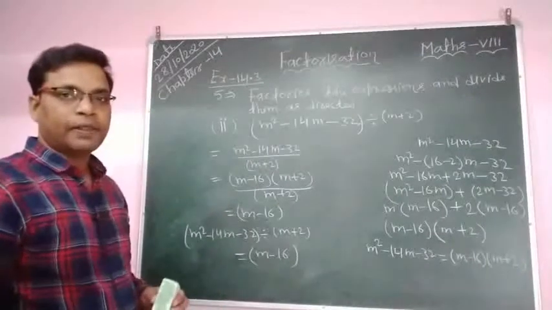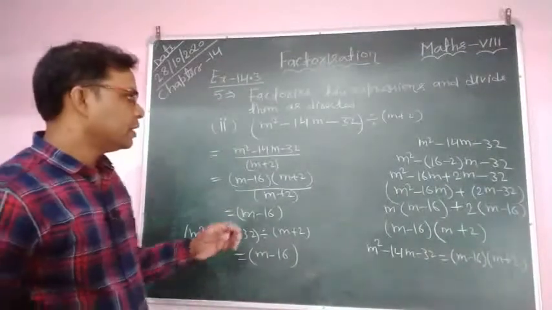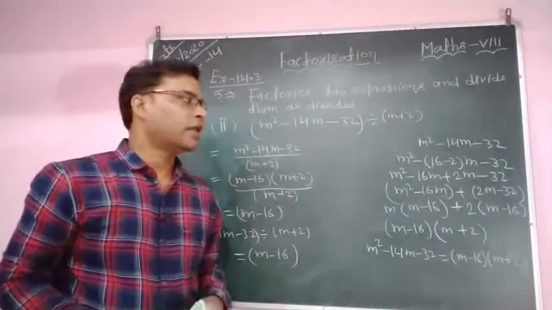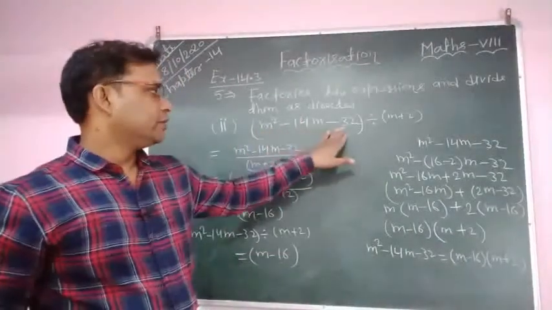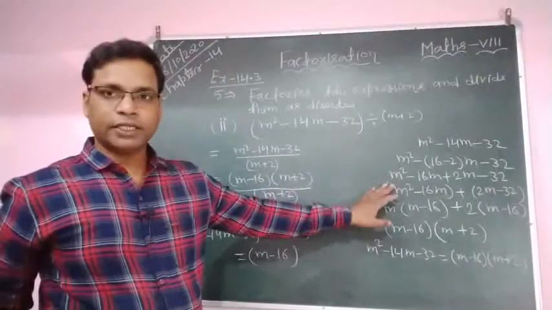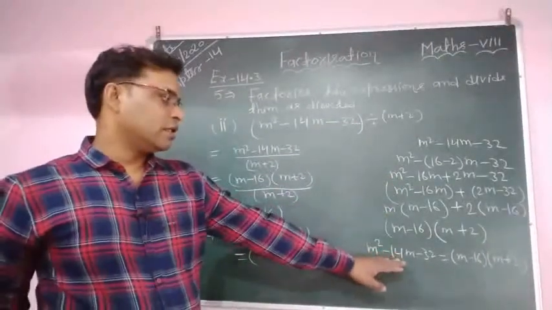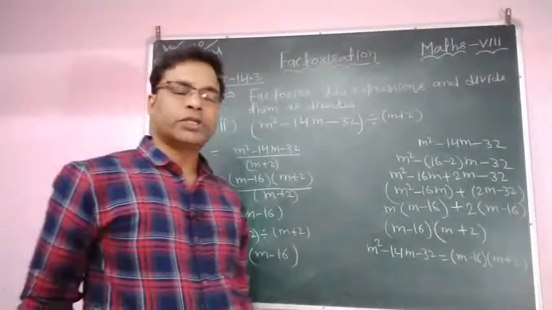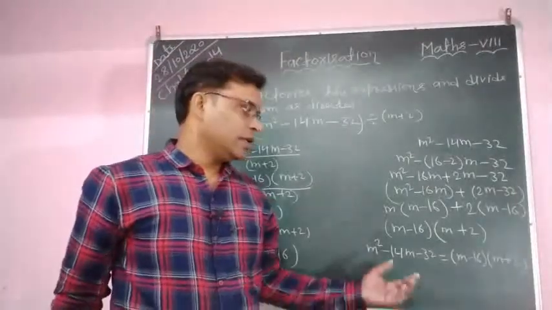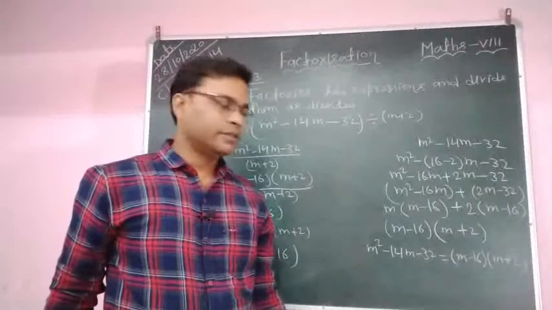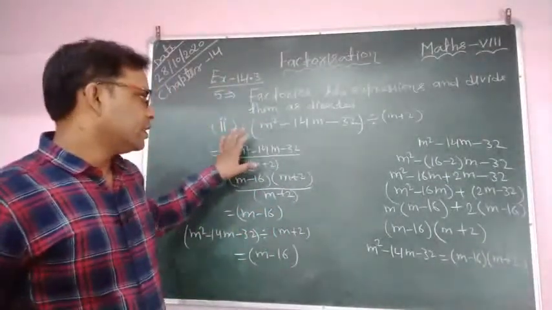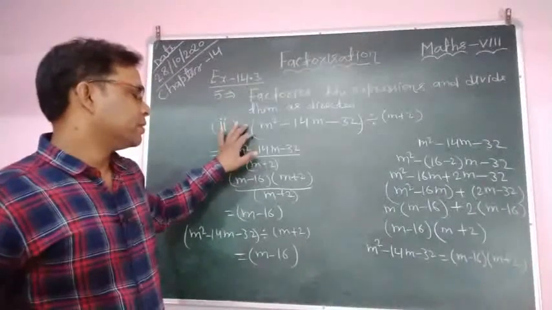This is clear? So student, in these questions, first we find the factors of this expression. You can see here we find its factors. Factors of m square minus 14m minus 32 are m minus 16 into m plus 2, and after this we can write the given expression like this.